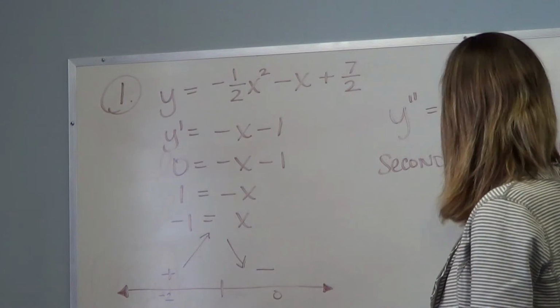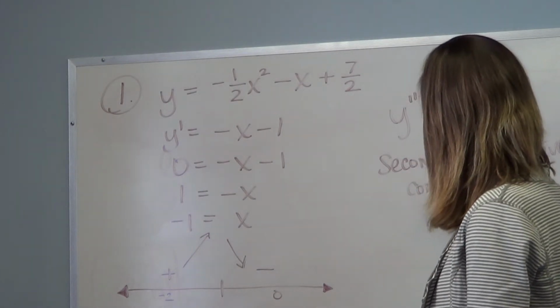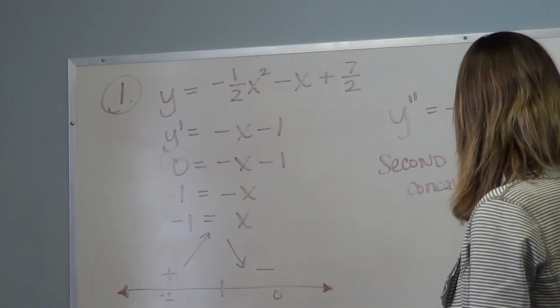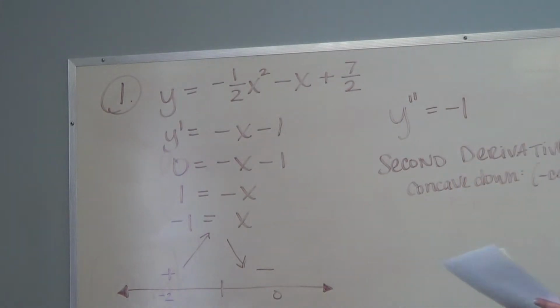So that tells us that it's concave down from -infinity to infinity. Okay, and graph it.